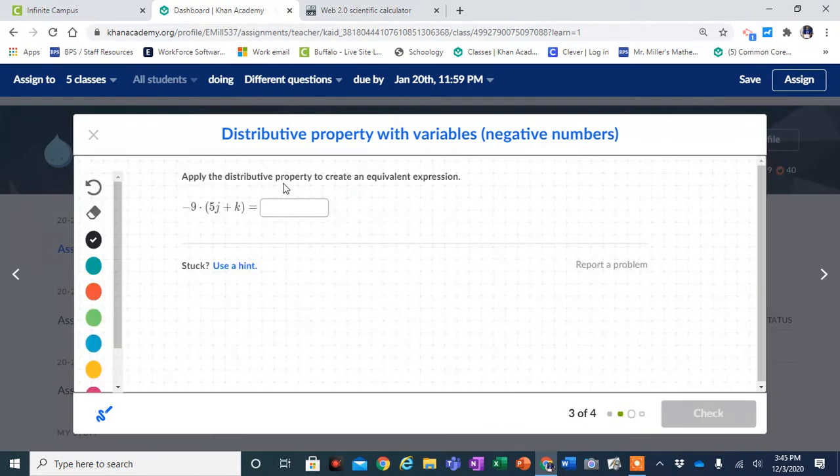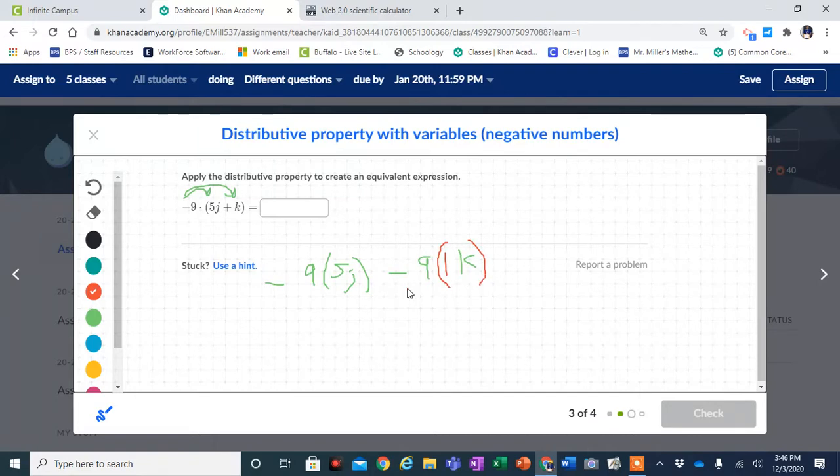Apply the distributive property to create an equivalent expression. So again, we need to distribute. We're distributing the negative 9. So this would be negative 9 times 5j, and then it would be negative 9 again times k. And if there is no number in front, that means the number is really a 1.